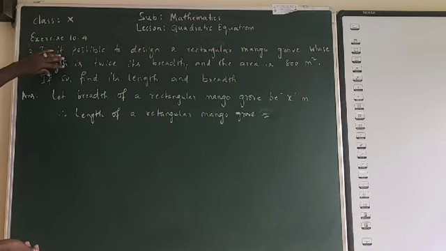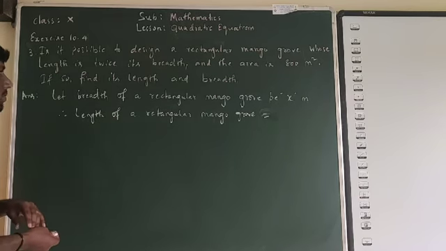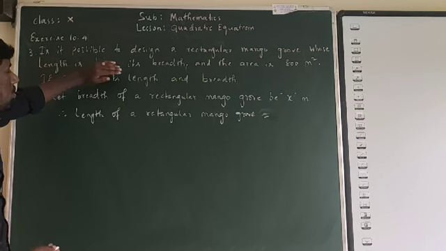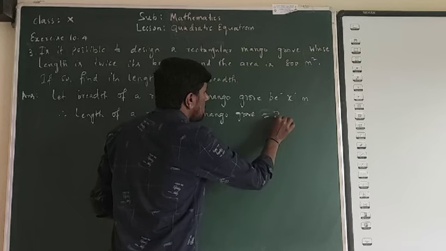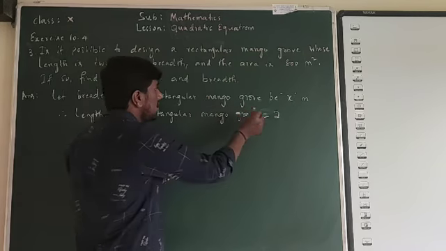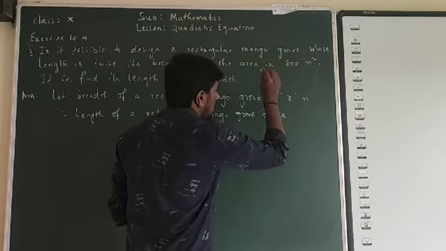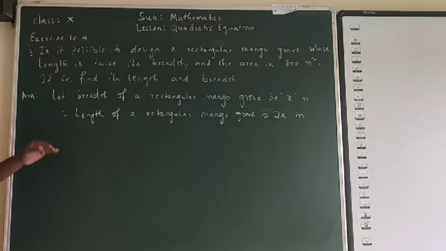Now we can express the length. Length is twice its breadth. That means length is equal to 2 times the breadth. Breadth is x, that means 2 times x, that is 2x meter. So now we have expressed breadth and we have expressed length.